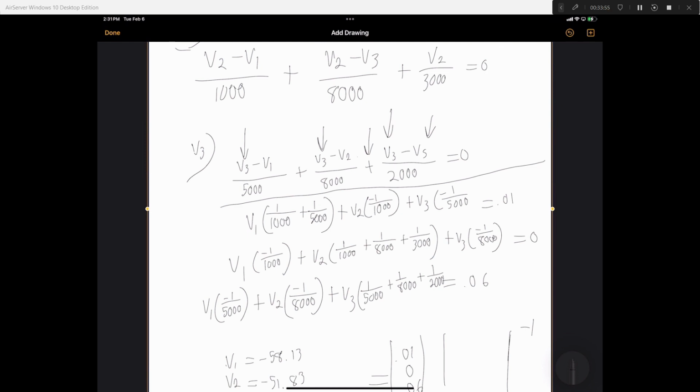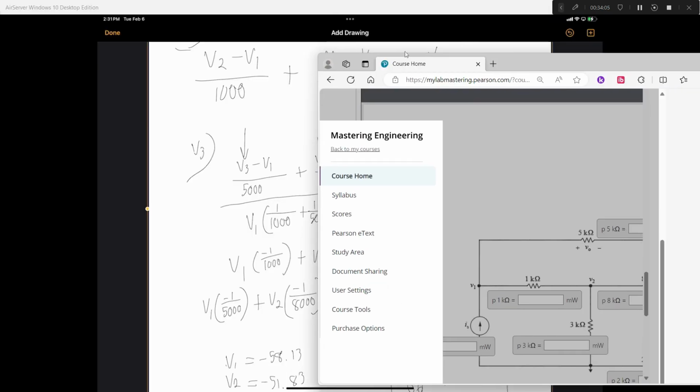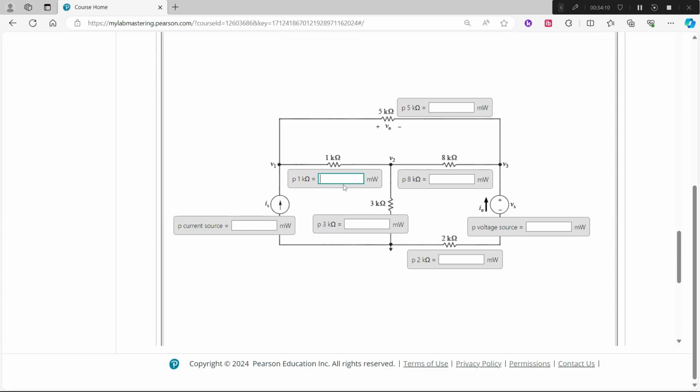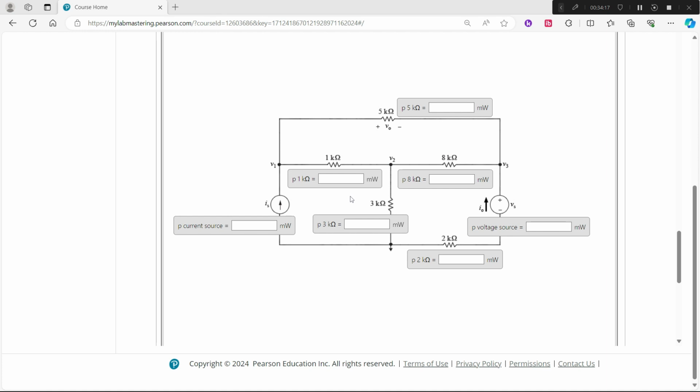Power is voltage squared divided by resistance. Alright, enough drawing. We're gonna switch to this. Voltage squared divided by resistance.